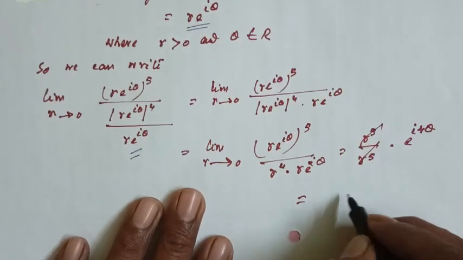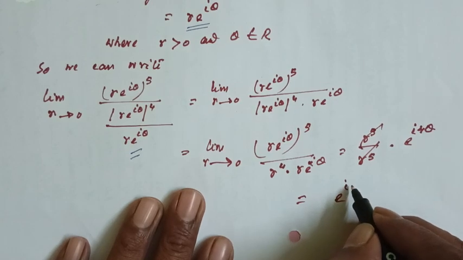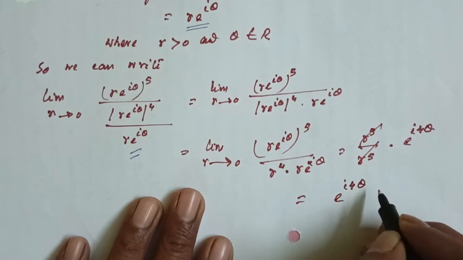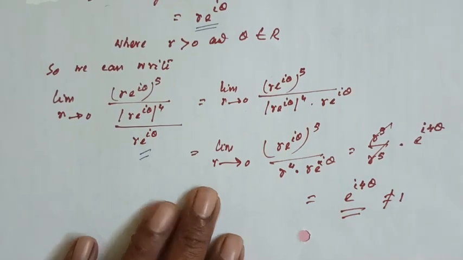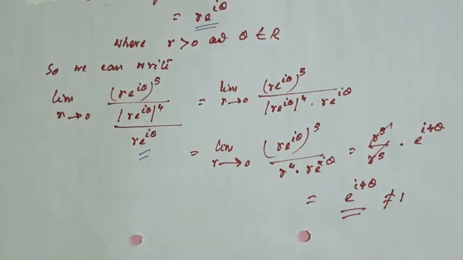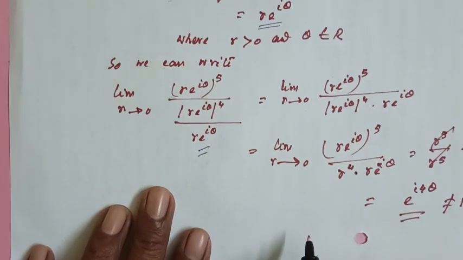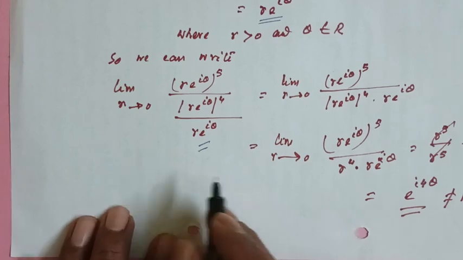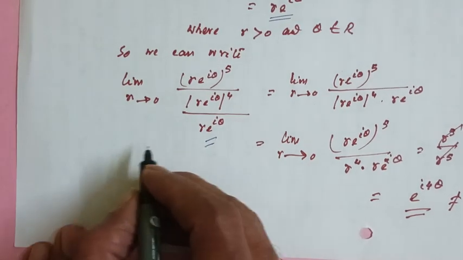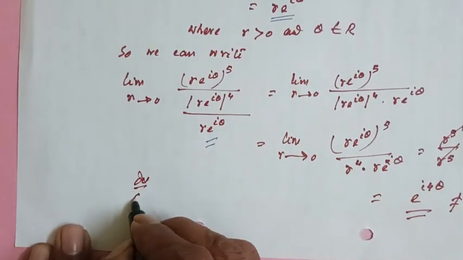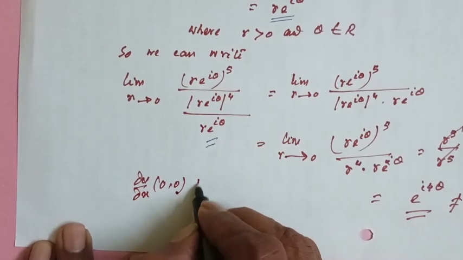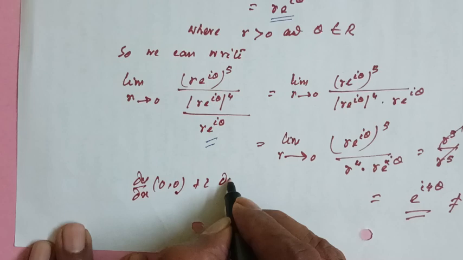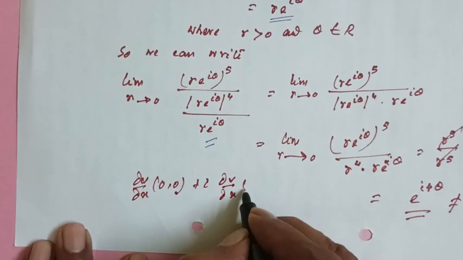We get basically e^(i 4 theta), which is definitely not equal to 1, because in the CR equation we have partial u over partial x that we have calculated at (0, 0) plus i partial v over partial x at (0, 0).